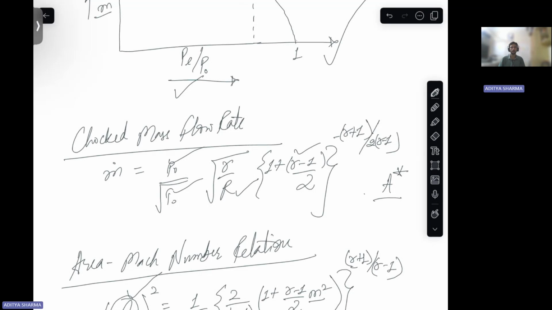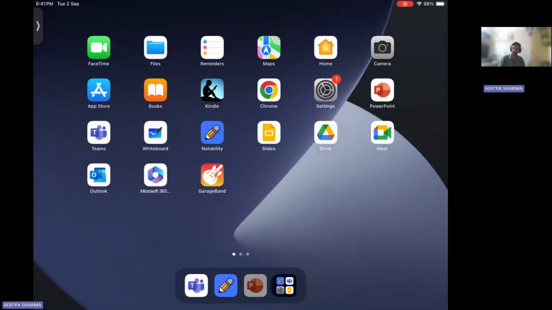So these two we require. Now the question asks in terms of upstream and downstream.